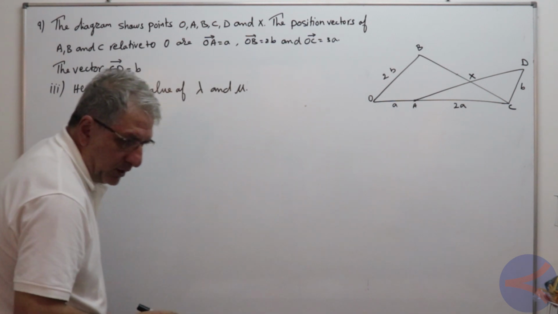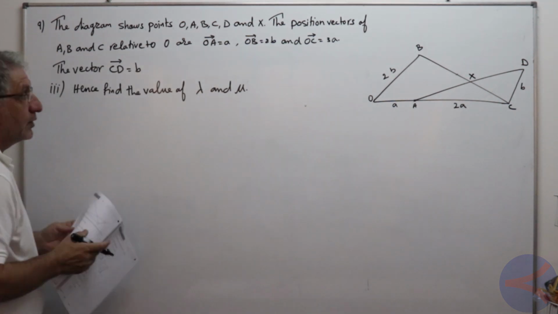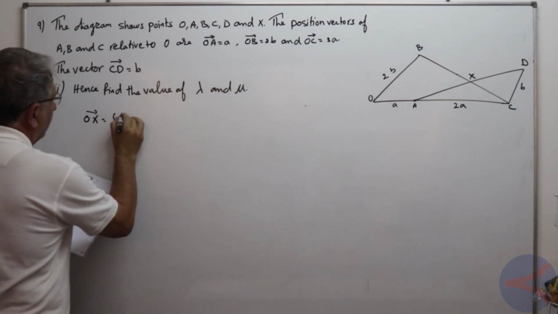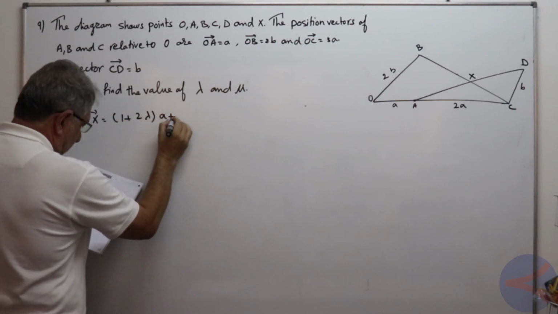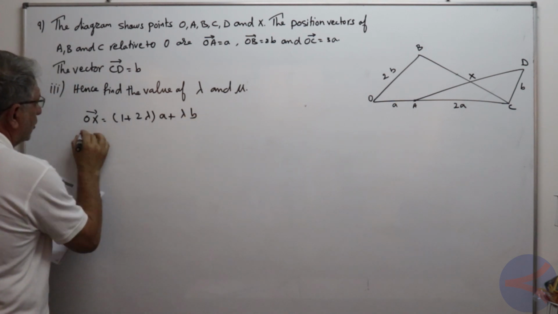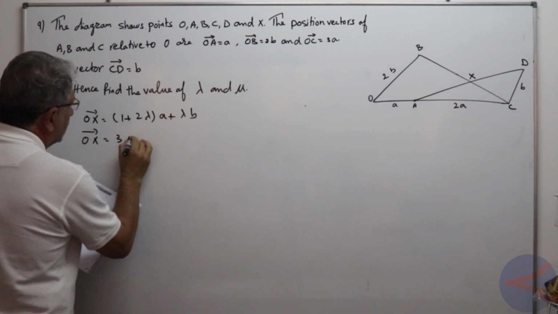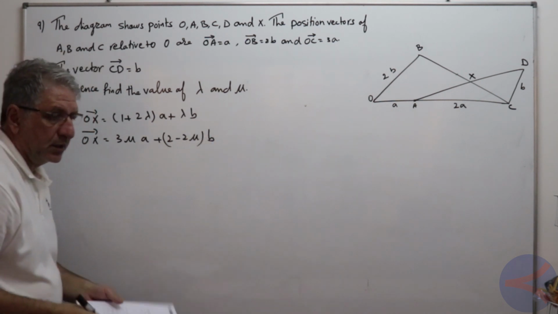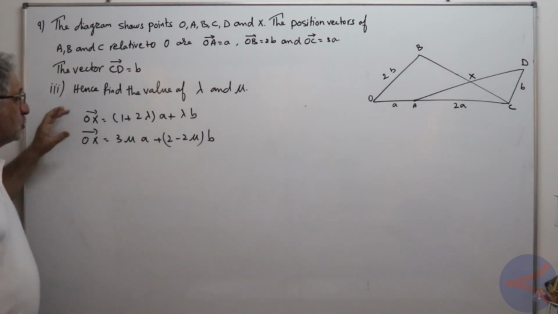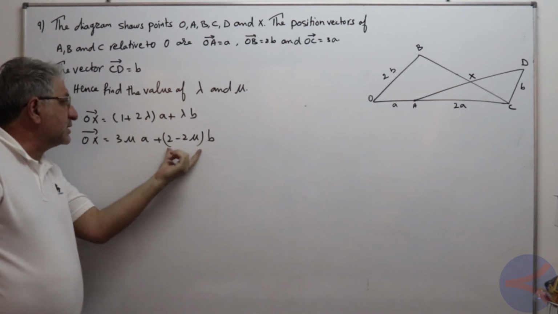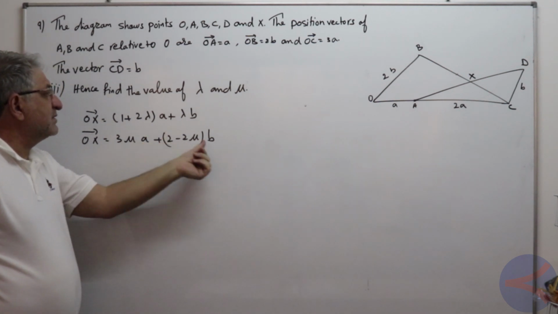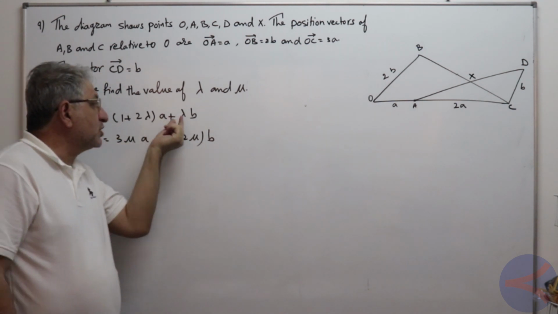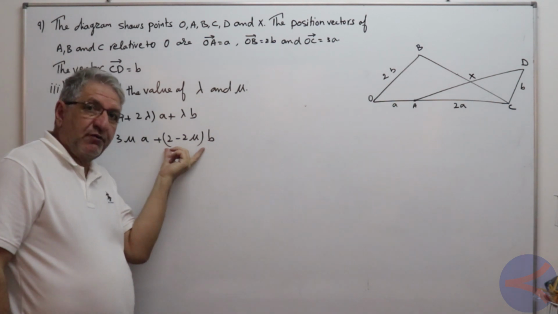We know that already OX is equal to 1 plus 2 lambda times A plus lambda times B, and also we know that OX is equal to 3 mu A plus 2 minus 2 mu B. If these two vectors are the same, then this number should be equal to this number and this number should be equal to this number, because it's vector A and this vector B. Therefore, the coefficient of vector A should be the same as the coefficient of vector A here, and the coefficient of vector B here should be the same as the coefficient of vector B here.